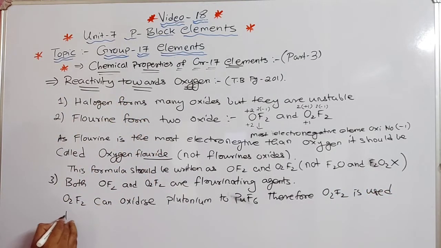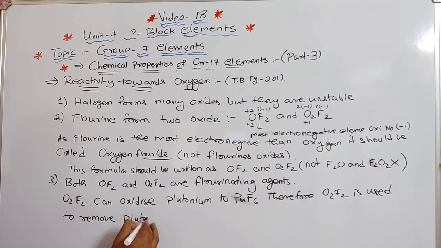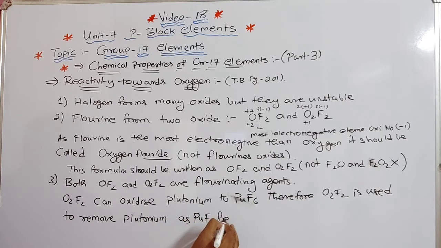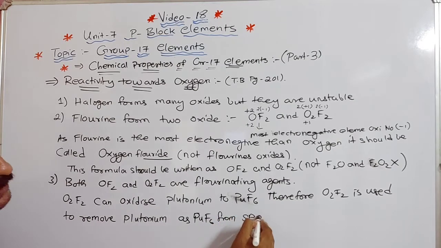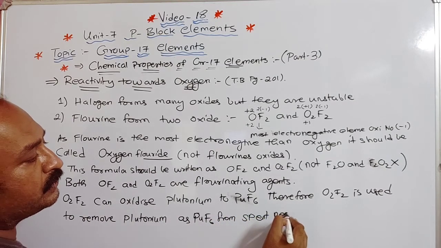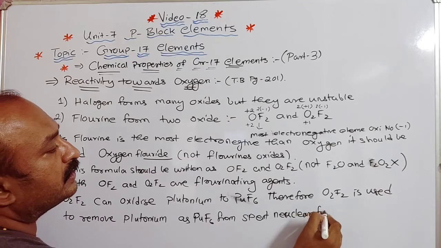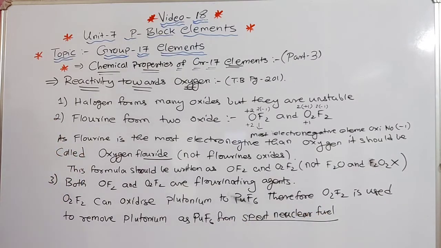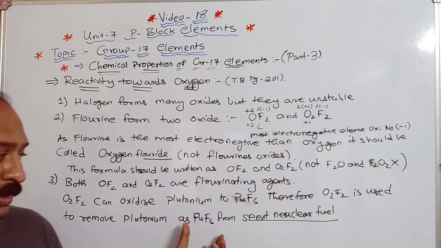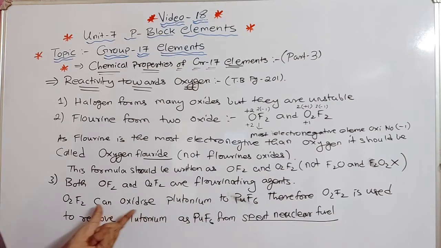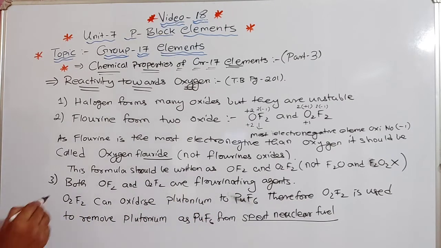O2F2 is used to remove plutonium as PuF6 from spent nuclear fuel, that is, nuclear fuel which has been used up. If you want to remove plutonium as PuF6, you need to use O2F2. This can be asked in MCQ also. Understood? So remember all this part.